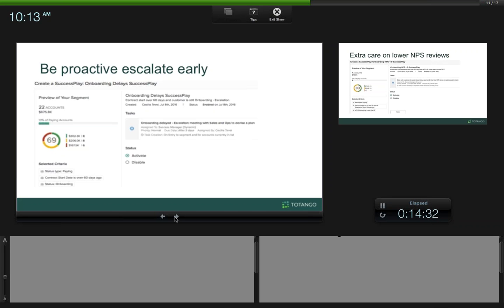So in this particular case, we're looking at an onboarding account that started with us over 60 days ago and is still onboarding. So it's a problem. We need to get internal resources on the same page to make sure that we have a group team meeting with sales and maybe other departments to course correct and get the onboarding customer back on track. So that's one way to do it, via success plays.